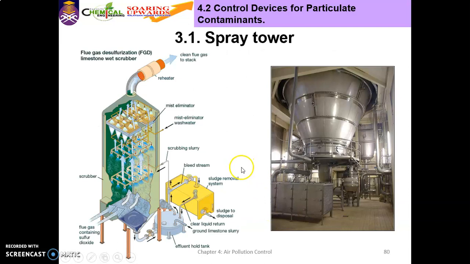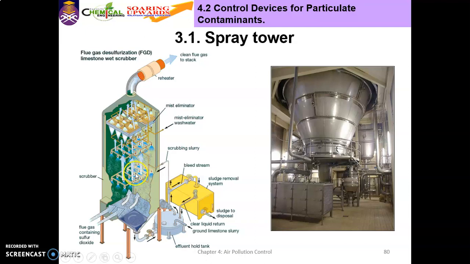This is an example of a spray tower. If you can see here, this is the gas coming in. The air contaminant will come in from the bottom, and then the scrubber will spray the liquid droplets.